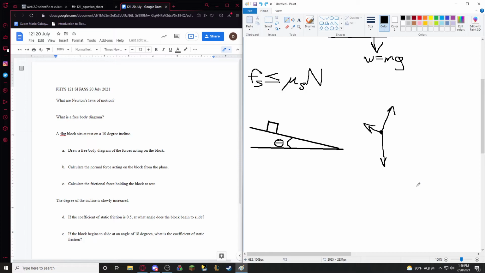I would recommend creating new x prime and y prime axes at our 10-degree angle. So we have our x direction, which is angled down to the right, and our y direction, which is angled here, so that our normal and friction forces are in line with them. And then we only have to break the weight into our x prime and y prime directions.